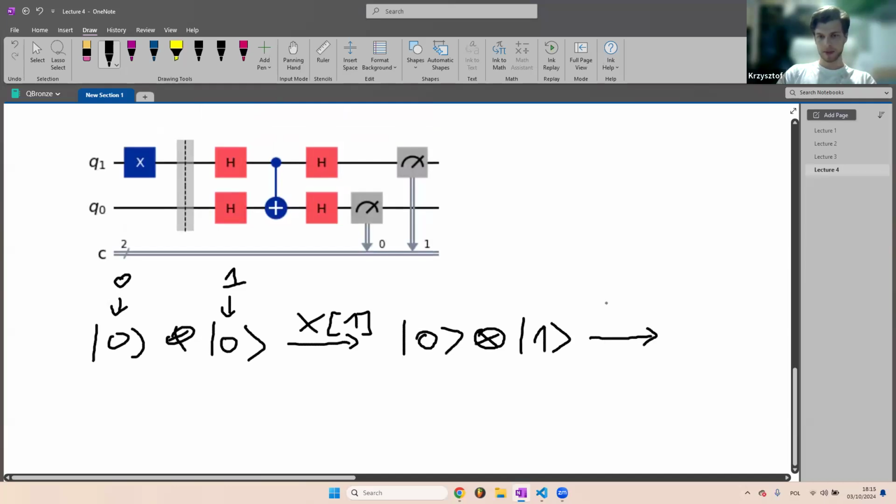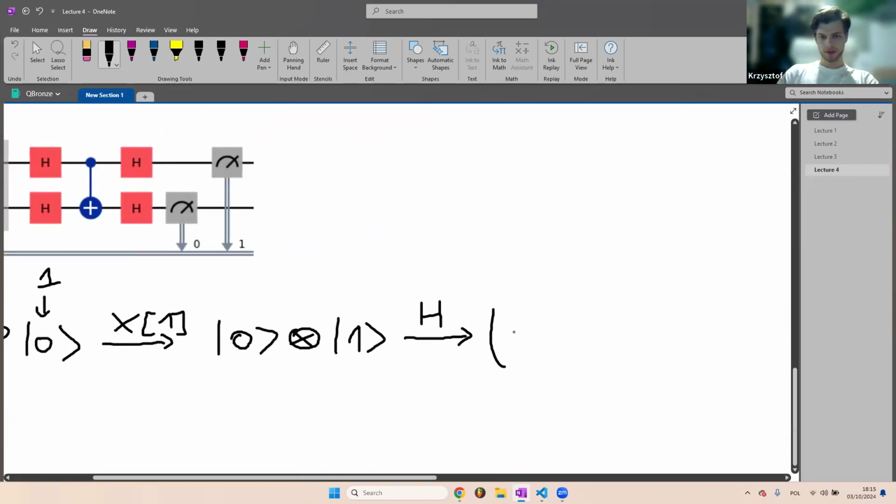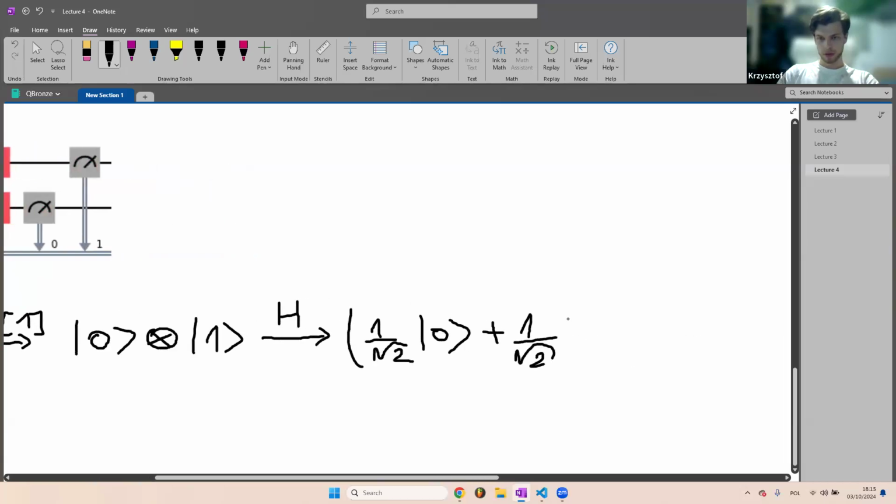Then we applied Hadamard gates to both qubits. Therefore, we obtain 1 over square root of 2, 0, plus 1 over square root of 2, 1. And this comes from this qubit here.